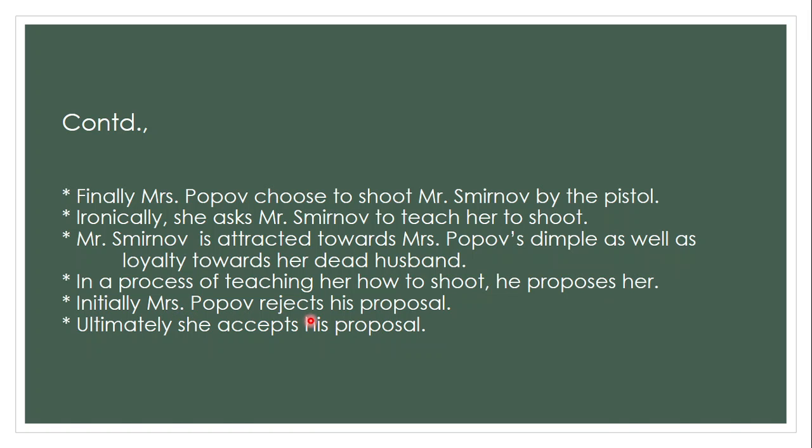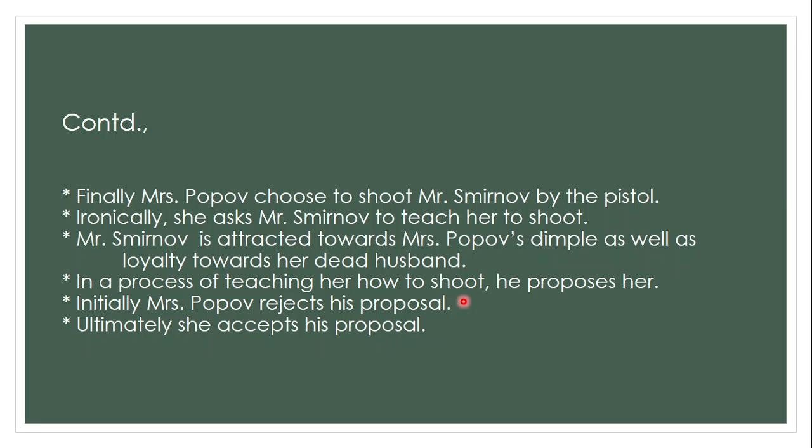Initially, Mrs. Popov rejects his proposal, right? Because she was in a dilemma. What shall I do now? Shall I marry? Shall I reject? What will society think, what will the servants think, what will the neighbors say? But ultimately, she also couldn't resist. Then she accepts his proposal.